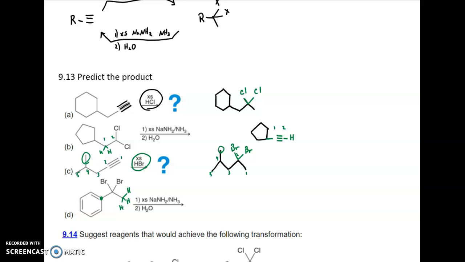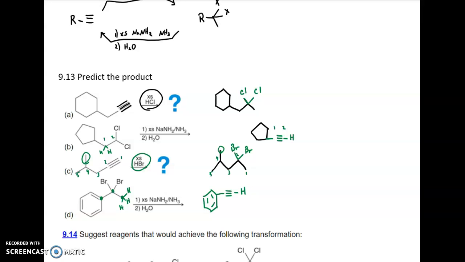And so we'll pull off 2 of these hydrogens and the 2 bromines. We're not going to do anything to the ring. Pull that off. And then there's a hydrogen. So there's only 2 carbons here. There's a carbon here and a carbon here, and that's what I've drawn.